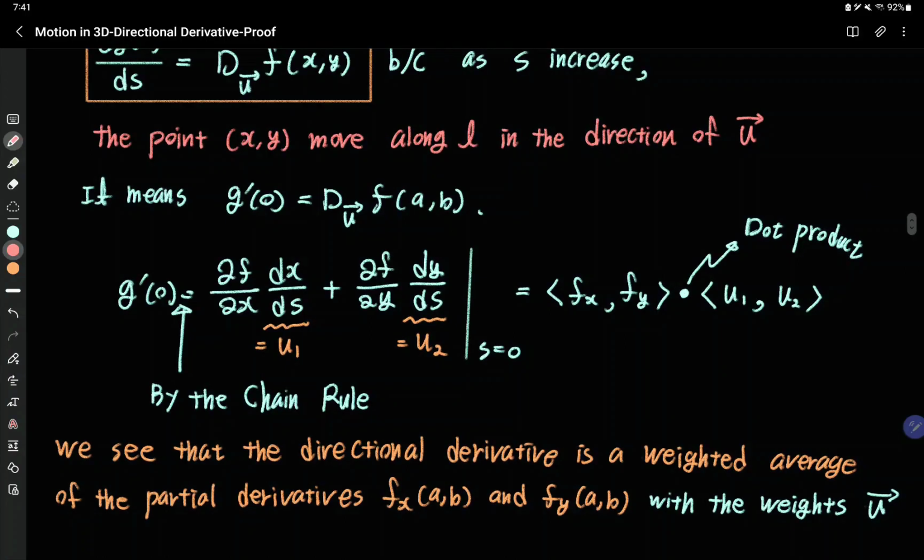So this can be expressed as the dot product of the gradient and the vector u.